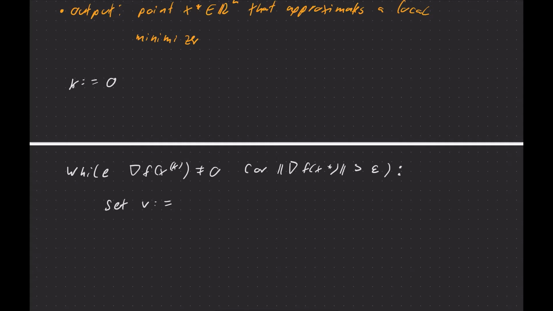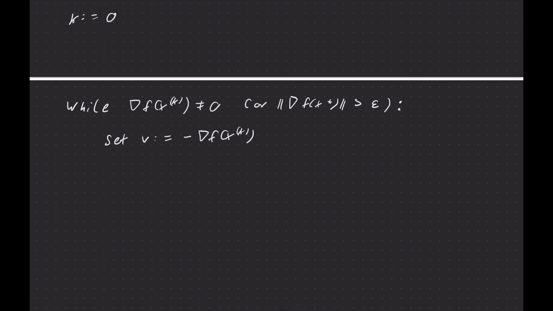And that direction is going to be the negative gradient. So v is minus the gradient of f at xk. So we evaluate the gradient at the current point, xk. We take the negative gradient, that's the direction of steepest local descent. We don't care about the length of that gradient for now, because we're going to scale it by some step size anyway. So the length doesn't really matter.